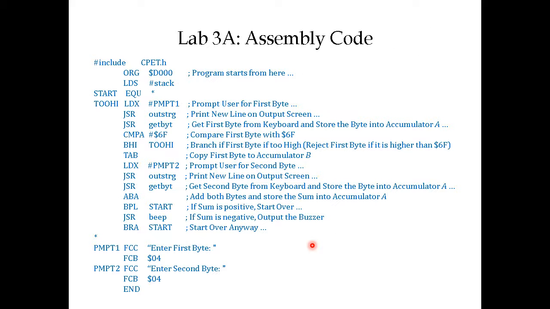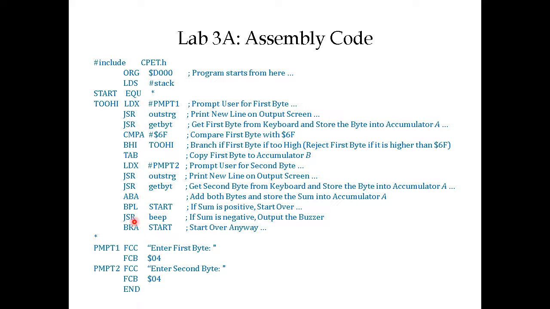Now, let's look at the code again. Whatever we talked about in the last slide is actually this program, and on the right side of the program, I wrote all the comments so that you will understand exactly which line is doing what, okay? I'm asking for the first byte, and then I'm printing the output.